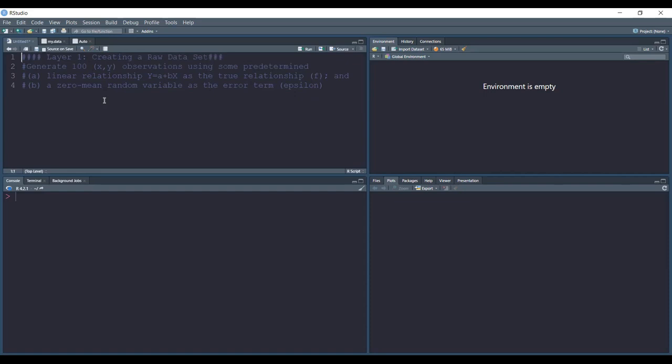That's layer one. Layer two is fitting. Layer two is regressing y on x using simple linear regression.